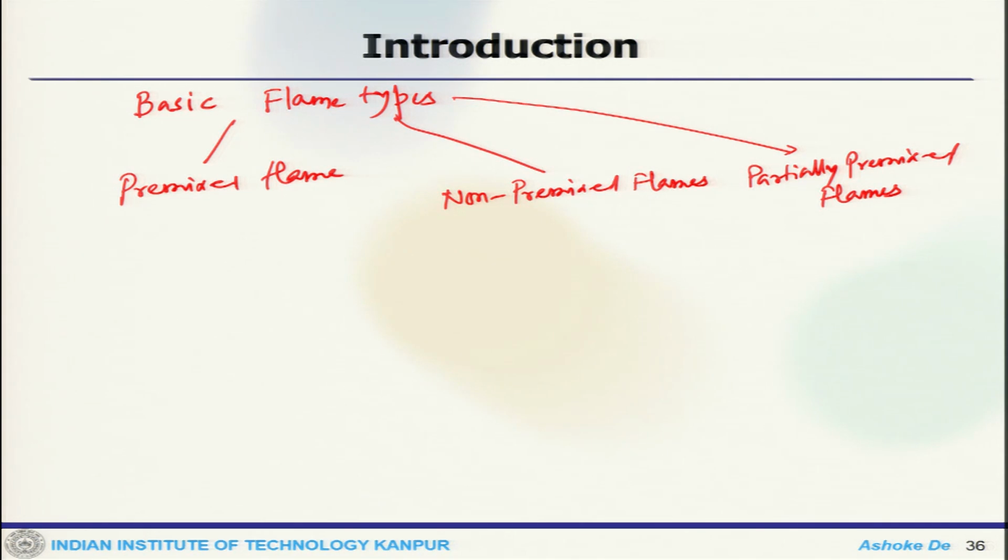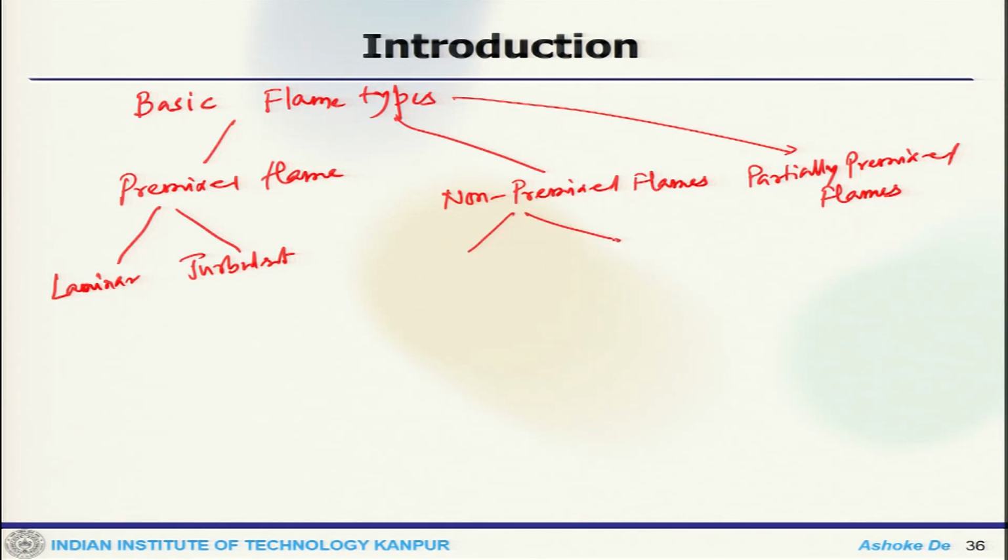Now, depending on the situation, whether the fluid dynamical behavior is quite nice, the premixed flame can be of two types. One could be laminar, or the other could be turbulent. Similarly, this is also the case for the other two flames.